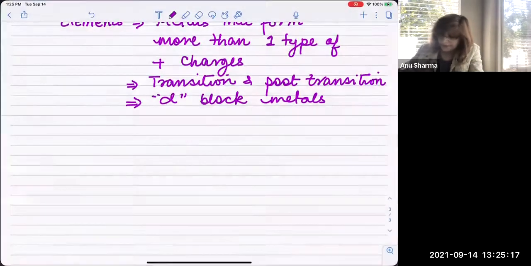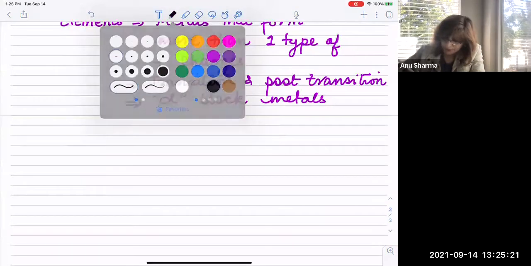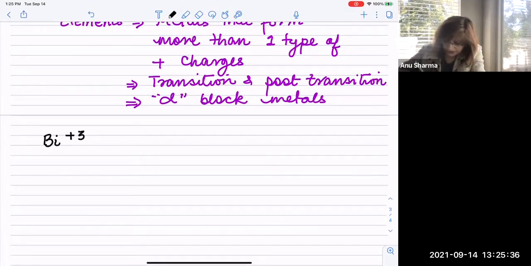So let's look at the elements that form more than one type of positive charge, for example, bismuth. It's very important you know the names and the symbols. Bismuth can form a +3 charge and a +5 charge.